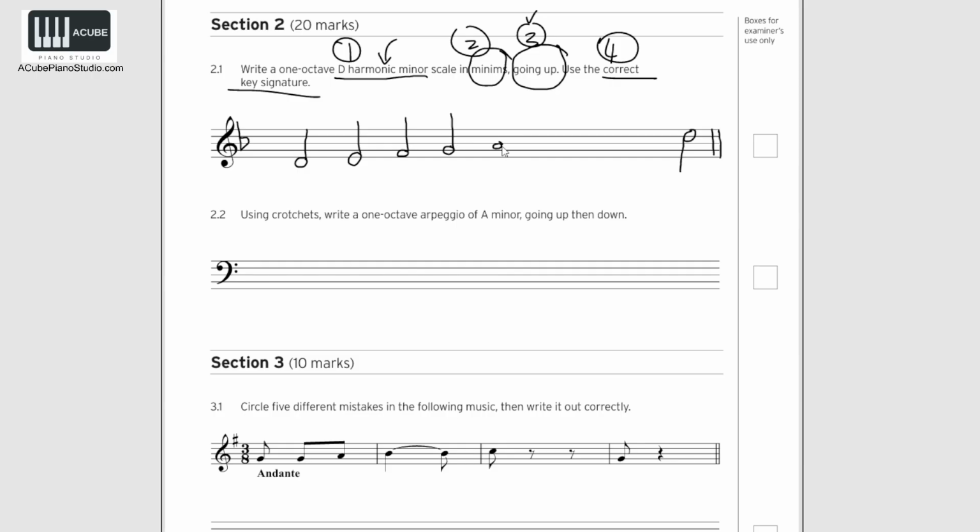It's a bit hard for me to write neatly on a tablet. But when you're doing your exams, if you're doing the paper-based exam, do use your ruler and your pencil, and write neatly.